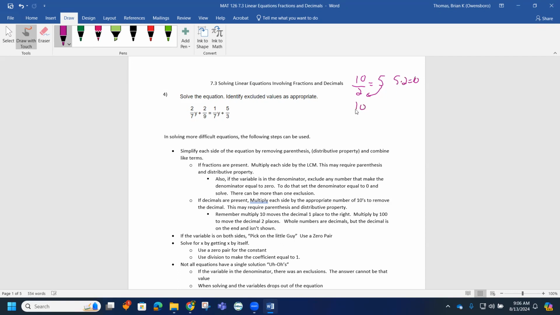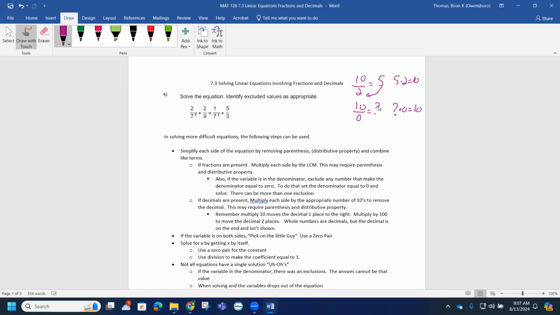Now, if I have 10 divided by 0, what does that equal? Well, the question is what times 0 gets me back to 10? And you can't multiply a number by 0 and get 10 because when you multiply by 0, the answer is always 0. That's the multiplication property of 0. So 10 divided by 0 is not workable because I can't get an answer.